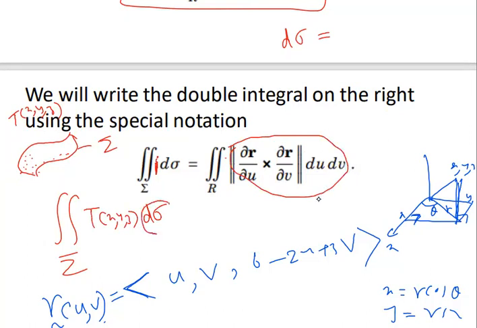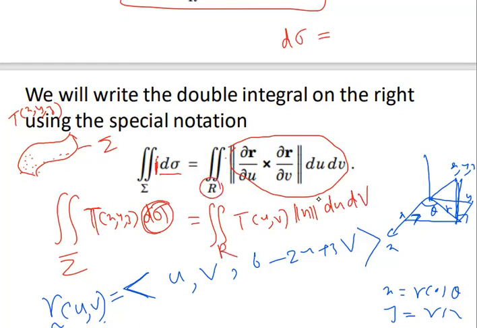You write T in terms of u and v, and you write d sigma using this conversion, magnitude of the normal vector times du dv, over the region R. So this is the surface integral of a scalar function, the surface integral of T, where T is a scalar function like temperature.